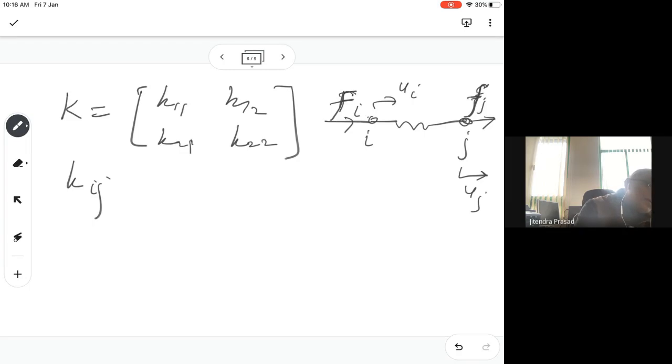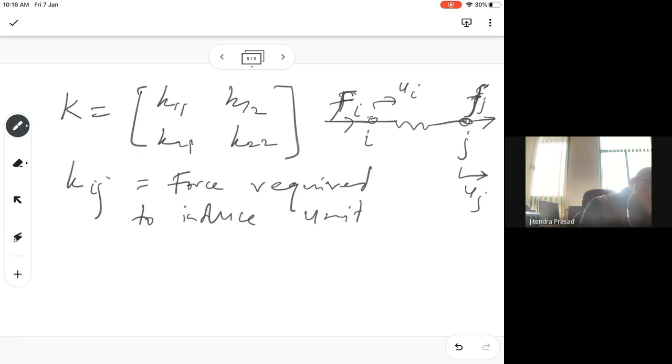Now, Kij is equal to the force required at degree of freedom i to induce unit displacement at j.